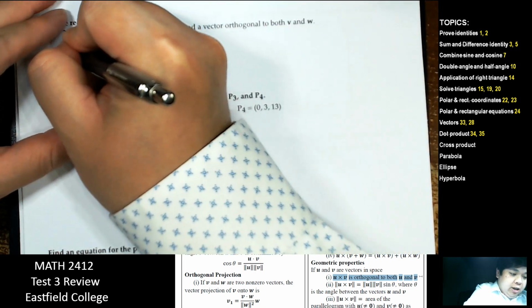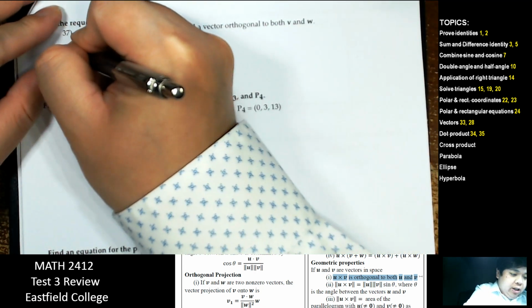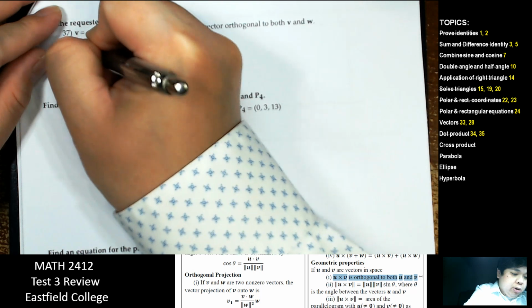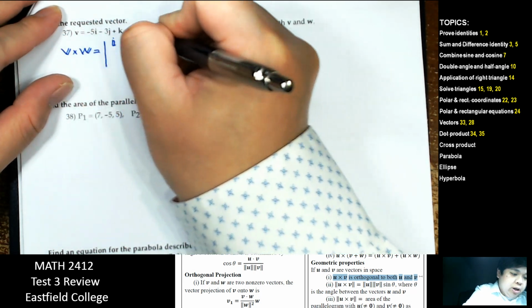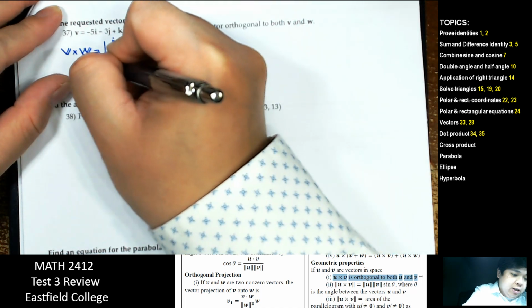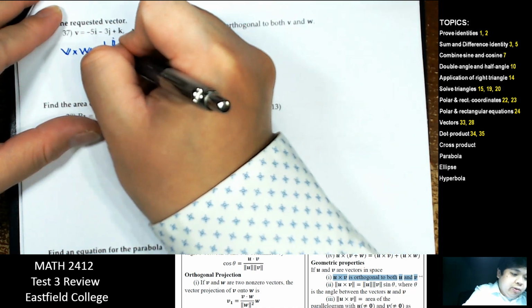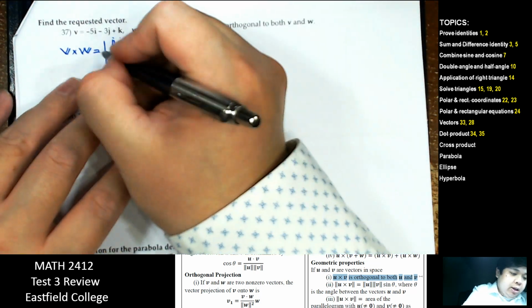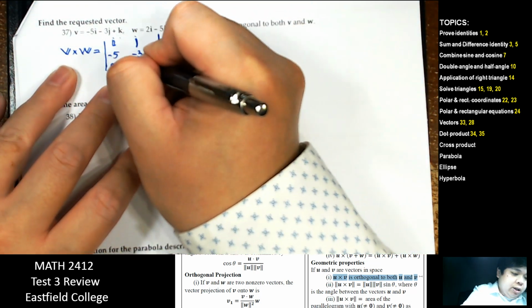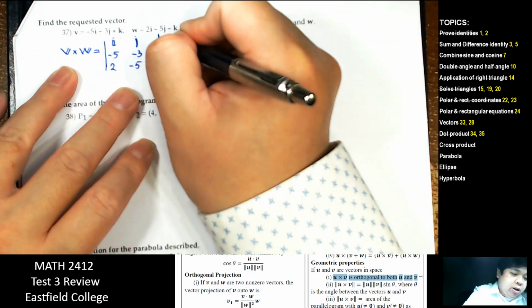So v cross w, with i, j, k, negative 5, negative 3, 1, and 2, negative 5, negative 1.